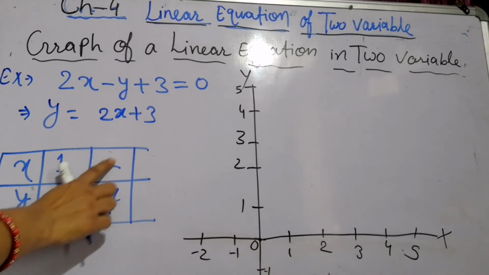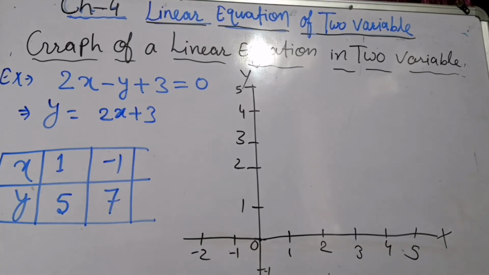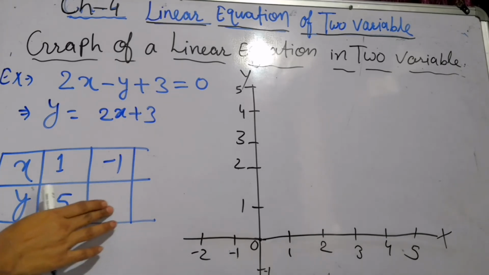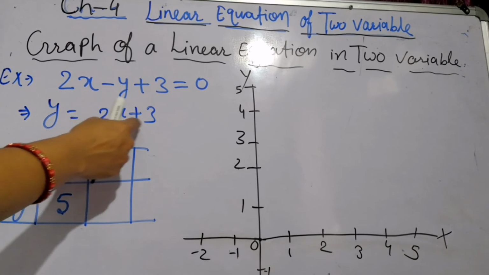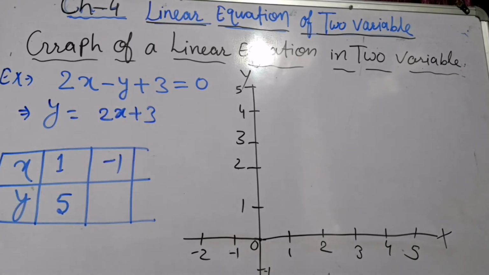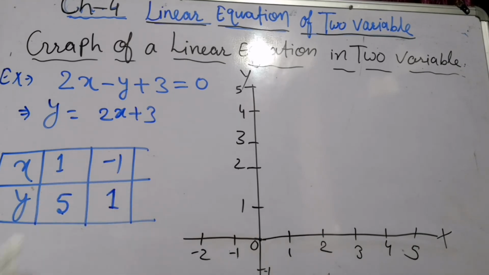Let me put negative 1. If x is equal to minus 1, then y is equal to 2 into minus 1, which is minus 2. Minus 2 plus 3 is 1. Let us take two coordinates only. The coordinates are (1, 5) and (minus 1, 1).